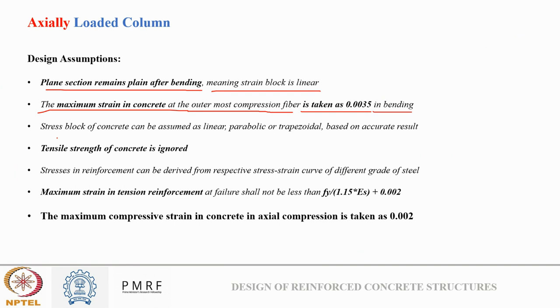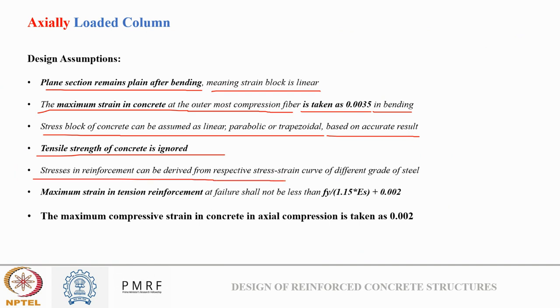This we also know from beam design. The stress block of concrete can be assumed as rectangular, parabolic, or trapezoidal based on accurate results. Tensile strength of concrete is ignored. Stresses in the reinforcement can be derived from the respective stress-strain curve for different grades of steel. Maximum strain in tensile reinforcement at failure should not be less than fy divided by 1.15 times Es, plus 0.002. So these are all the old assumptions that we know.